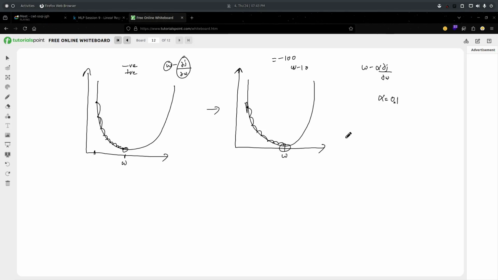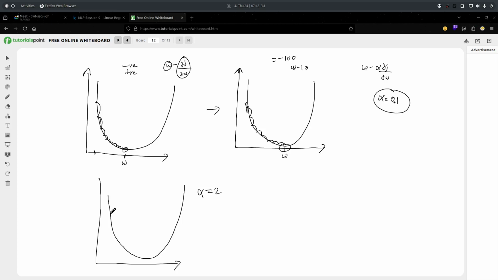This is a hyperparameter, and here comes the hyperparameter part. A hyperparameter means we can try different values for it, and it affects our complete model. How? Let's say this is my graph, and I set alpha to some bigger value, suppose 2.